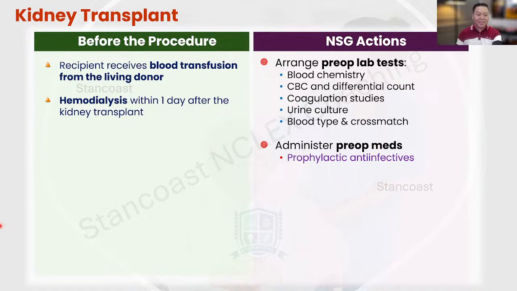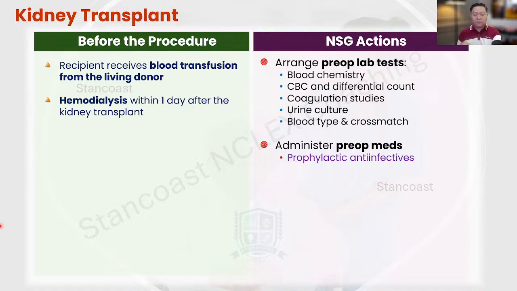These are your prophylactic anti-infectives or antibiotics. So the reason for that is to prevent infections due to the immunosuppressive therapy that the patient will receive. There are always disadvantages to any kind of medication because the immunosuppressant will help prevent major immune response by the patient that can possibly cause rejection, but they need to take the immunosuppressant in order that they will not be rejecting that donor tissue.